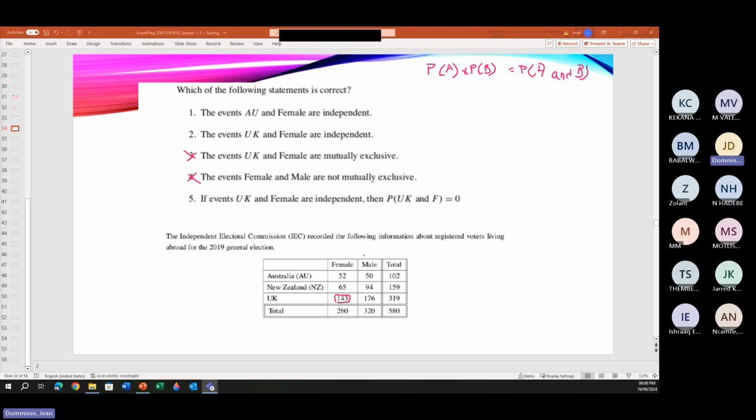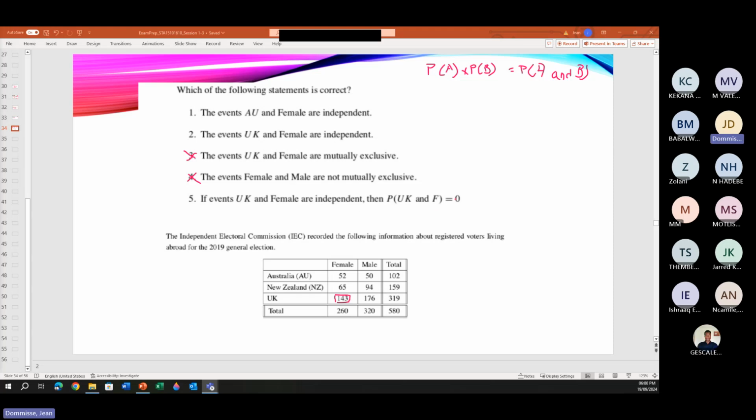Sorry, so that is also not correct. And then if events UK and female are independent, then UK and female is equal to 0. And again, that is not right. If events UK and female are mutually exclusive, then UK and female are 0.